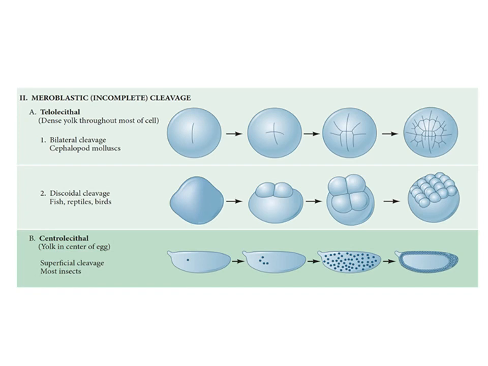Now we can discuss meroblastic cleavage or incomplete cleavage. In the case of telolecithal eggs, where dense yolk is distributed throughout most of the cell, there is bilateral cleavage and discoidal cleavage. Bilateral cleavage occurs mainly in cephalopods.